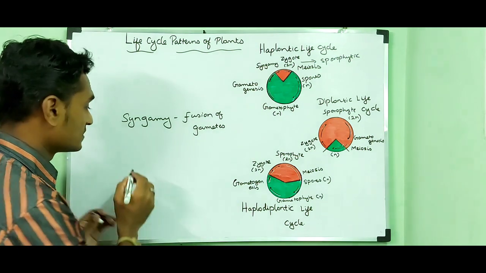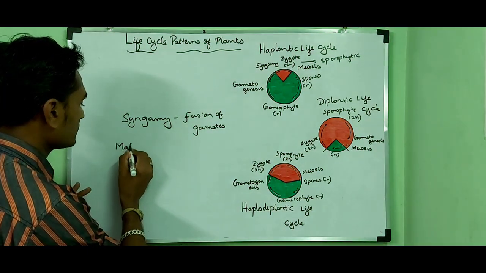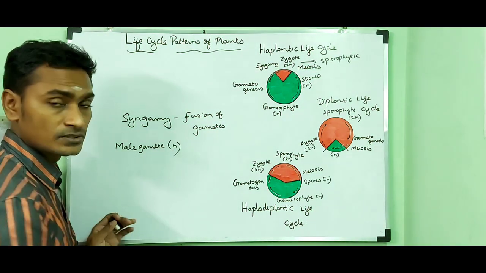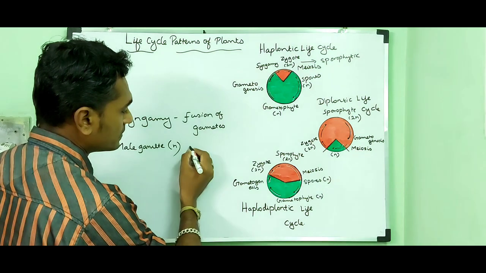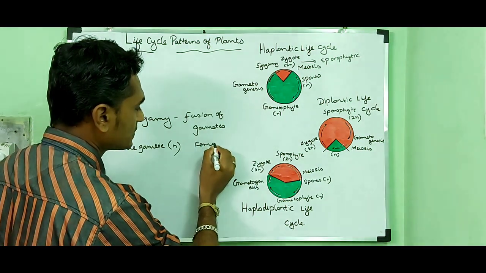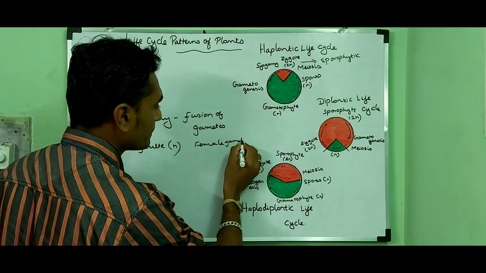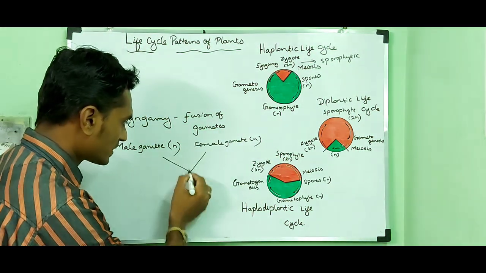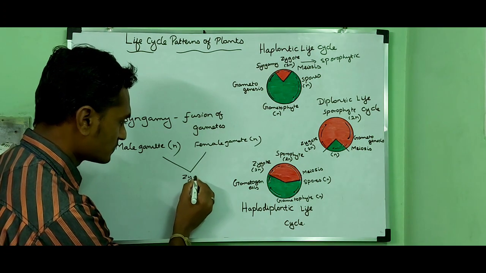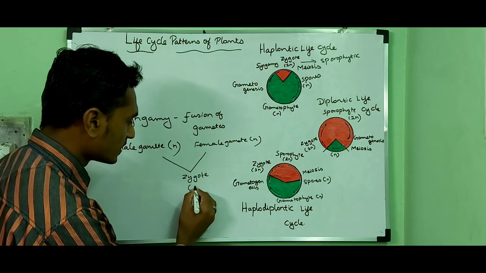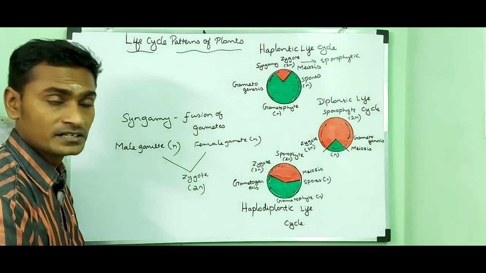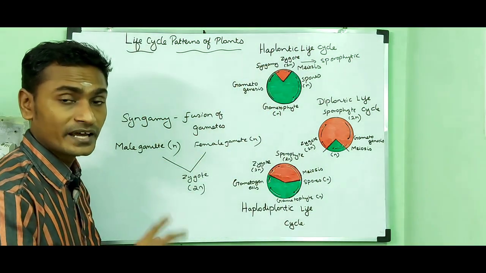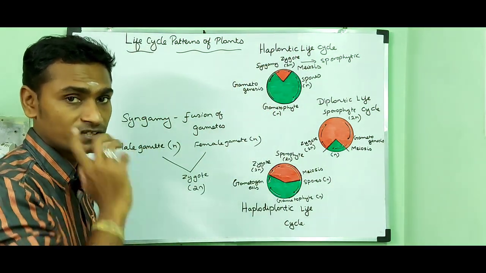The male gamete contains n and the female gamete contains n, so they are haploid in nature. The zygote contains 2n, so it is diploid in nature and short-lived.